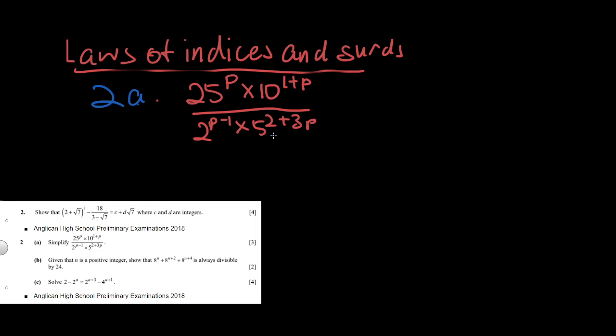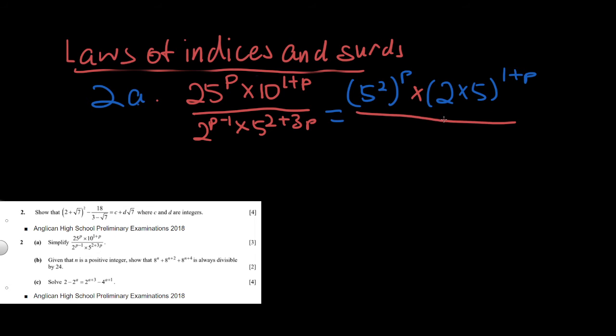Most of the time when you see numbers like 25 or 10, which are not prime, you want to split them into their primes. For instance, 10 equals 2 times 5. So I would split this up into 5 squared to the p times 2 times 5 to the 1 plus p, over the rest, which is the same because these are all prime numbers, so we don't really care about this.